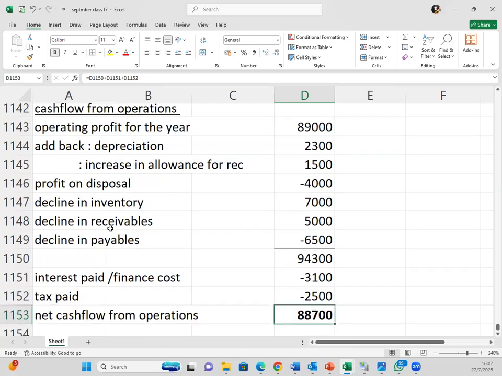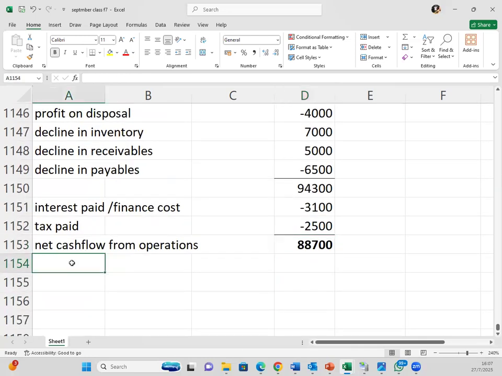Then, after the cash flow from operations, we move to the cash flow from investing activities. If you're looking at investments, this is money that we have received or paid through the acquisition of assets. From here going down is easy because if it's money we have received, it's an inflow. If it's money we have paid, it's an outflow.